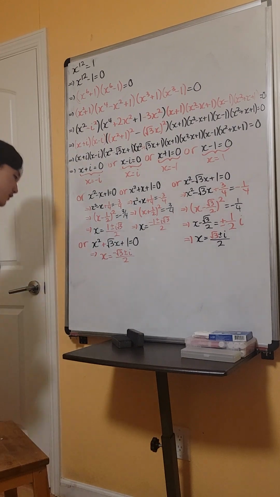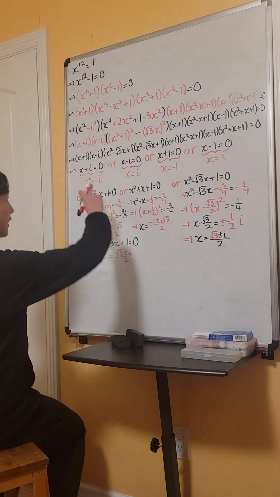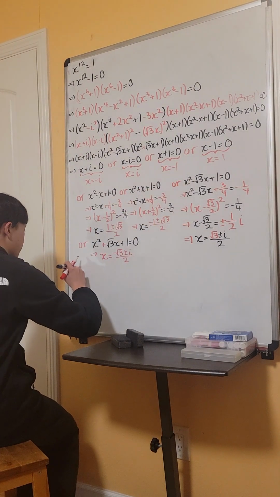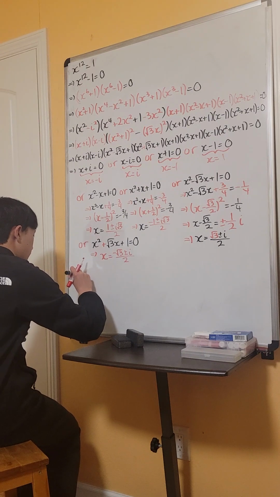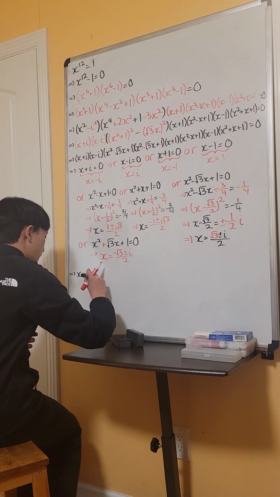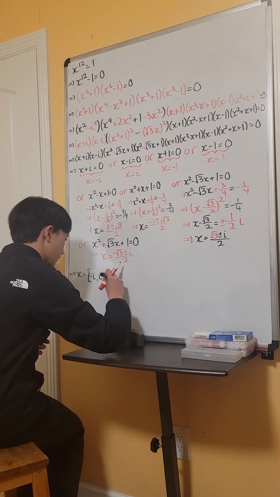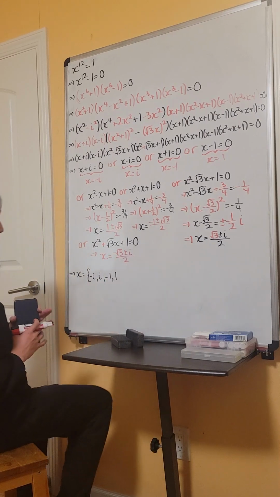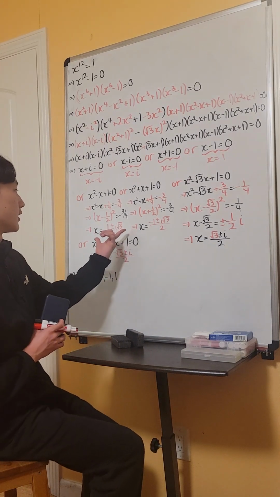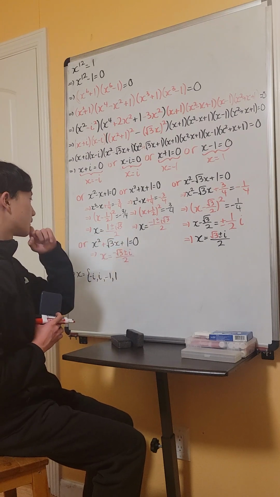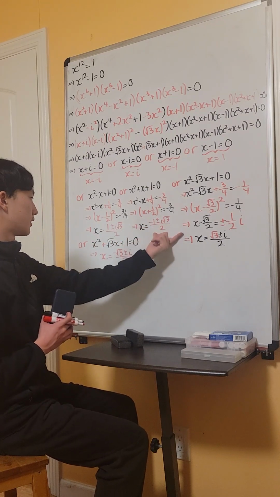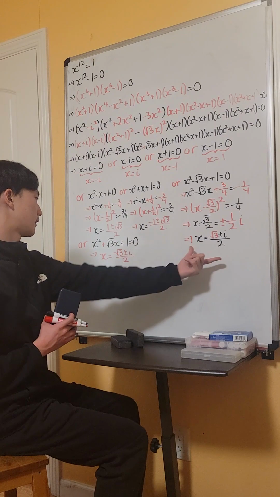Okay, I'm going to take another seat because it's going to take me a while. Let's put down these. x is equal to negative i, positive i, negative 1, 1. So that's 1/3 of the solutions. Let's just write them down. This first, that second, and then this one, and then that one.